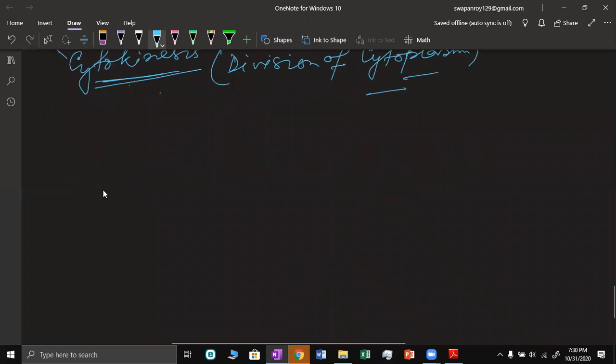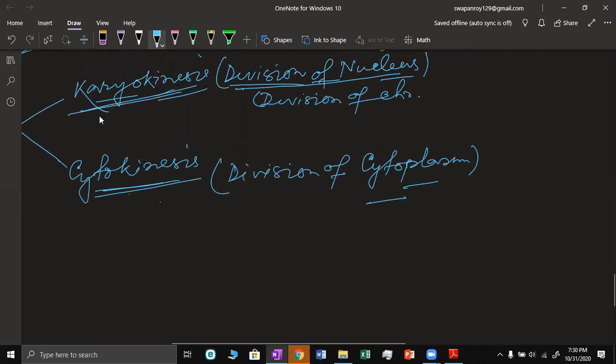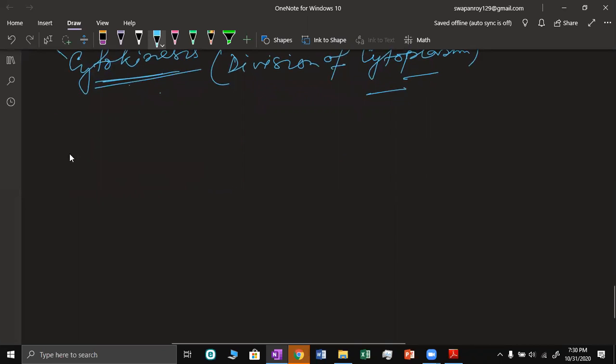In this mitosis, particularly the karyokinesis, again we can describe in the following headings.